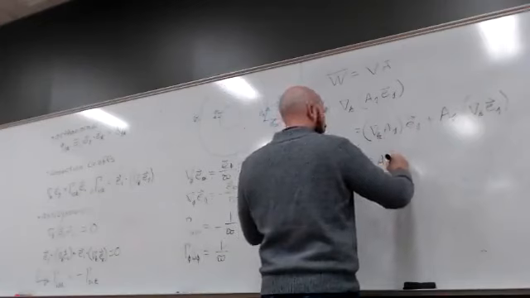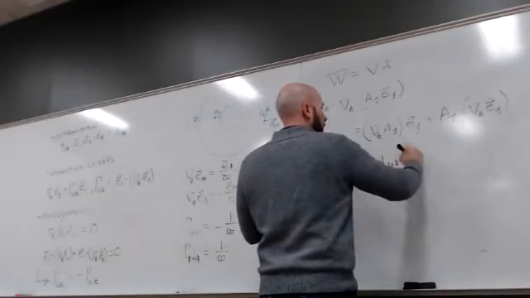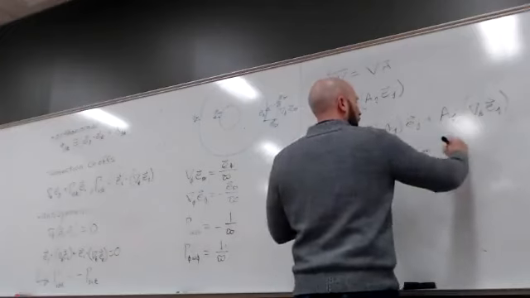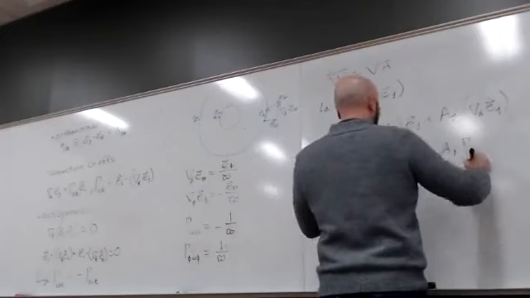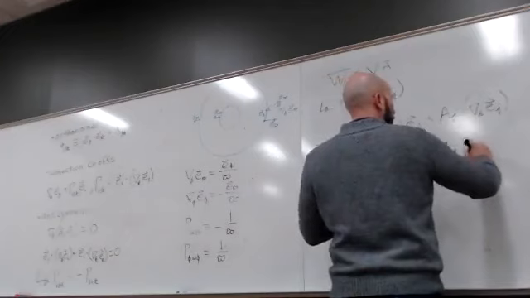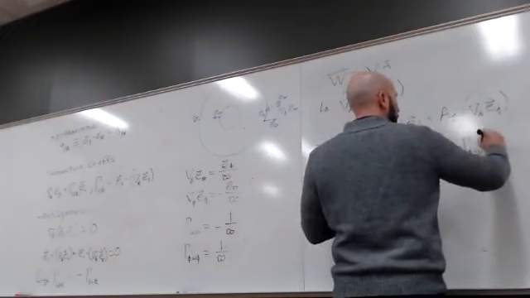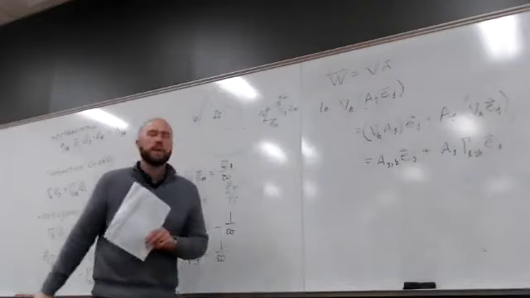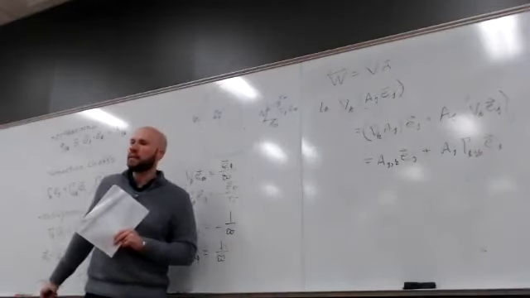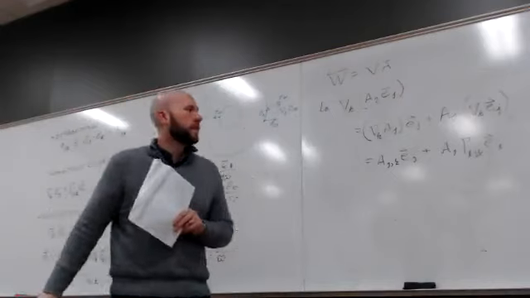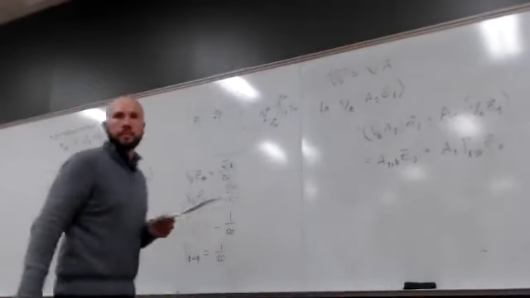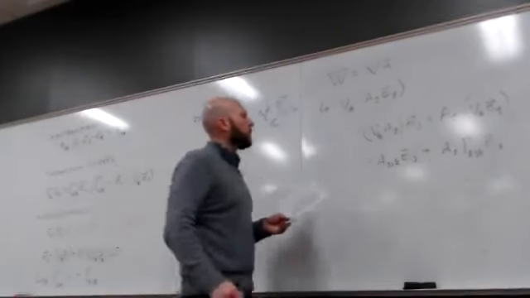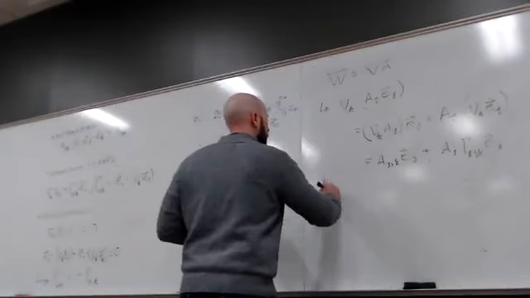A^J comma K e_J plus A^J times the connection coefficient Gamma^L_JK e_L, where I just use my discretion to change the index. Doesn't change the meaning because I'm summing over it. Okay?